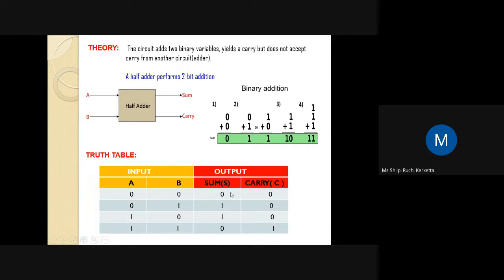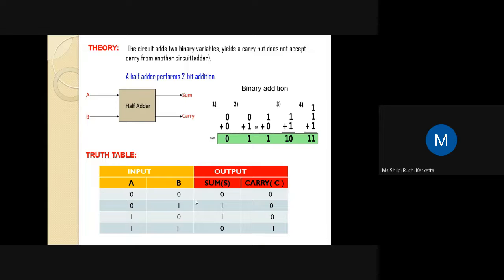So if we see the output of the sum, we need two inputs A and B. Which gate does it remind you of? AND gate. Some part. XOR gate. Yes.